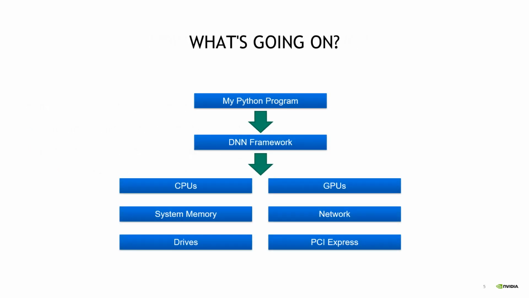The problem is that there are a lot of things involved from the top of your Python program to the bottom, because there are different layers that may really impact the final performance. You have your deep learning framework, then you need the CPU, the GPU, the system memory, the networking, the drivers, and all the PCI cards.